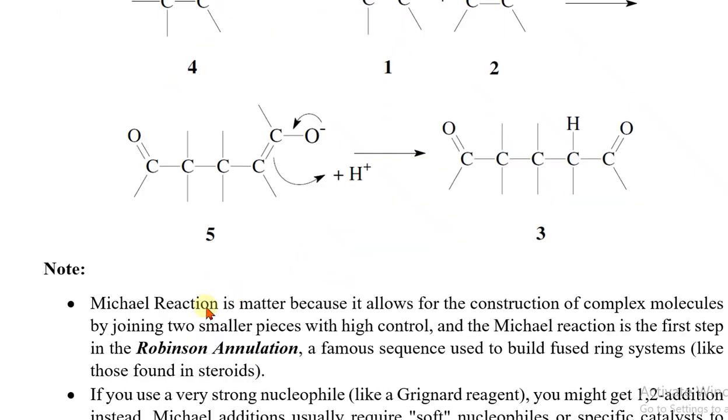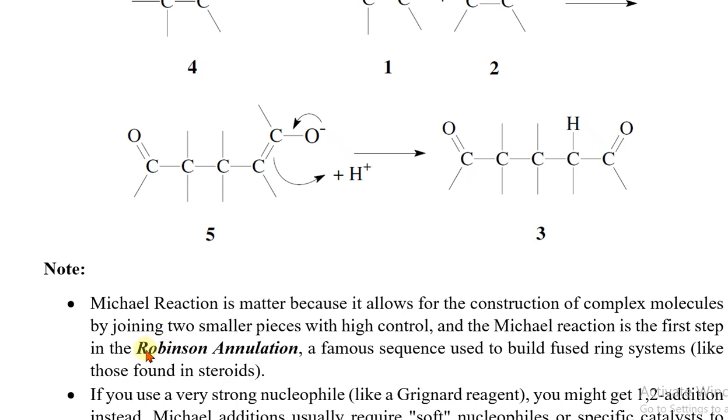The Michael reaction matters because it allows construction of complex molecules by joining 2 smaller pieces with high control. The product has a big structure, high molecular weight. The Michael reaction is the first step in the Robinson annulation, another type of reaction that we will take inshallah.